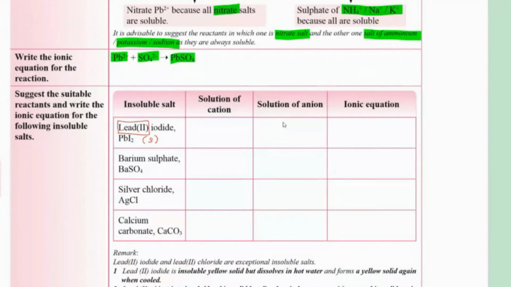Yeah, class. What solution do we choose? Any suggestion? Contains the cations, which is the positive ion. The lead, no?